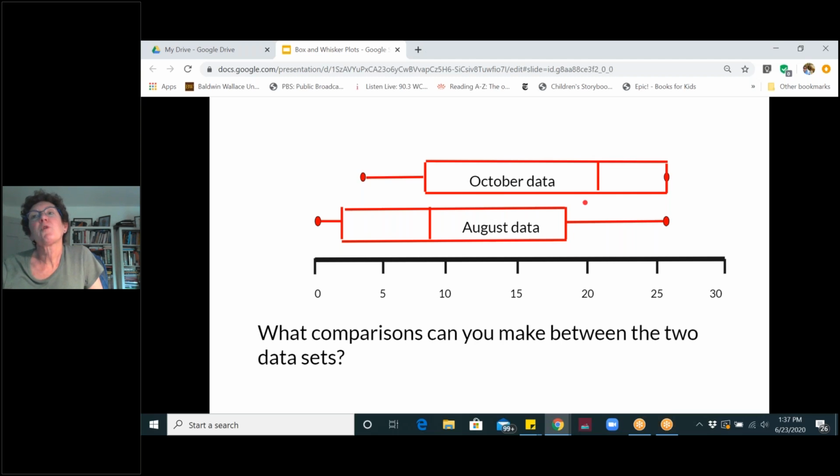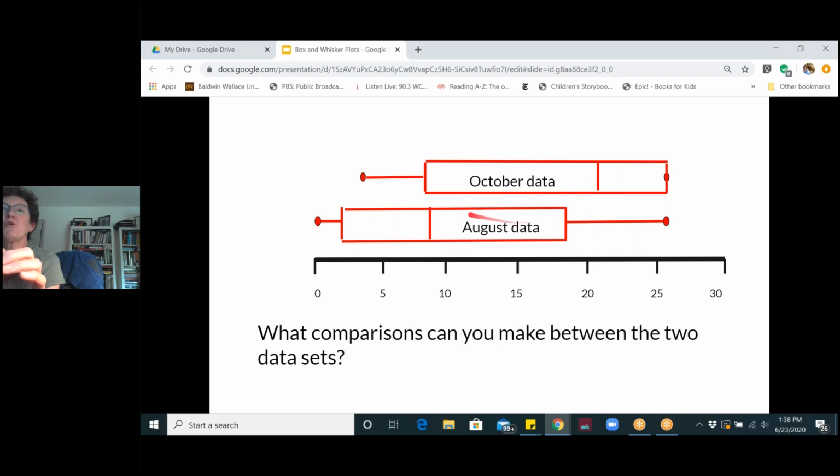Or, well, less. They're both lined up with each other. This is the median for the August data, and this is the median for the October data. What comparison can I make? The median is lesser. The August median is less than the October median.